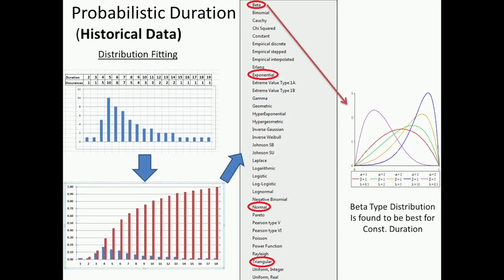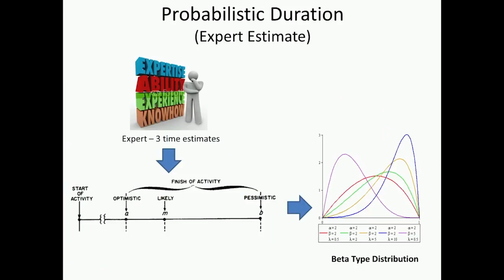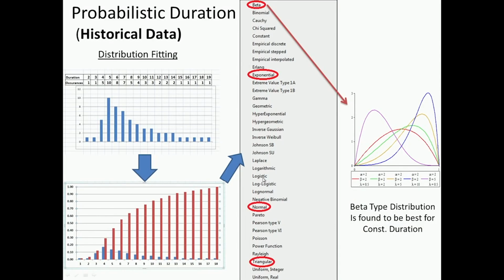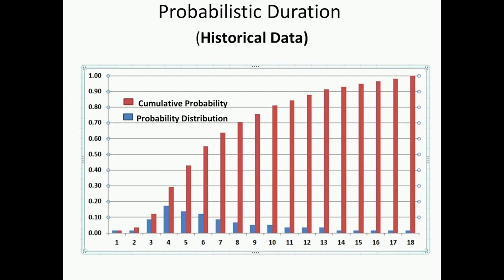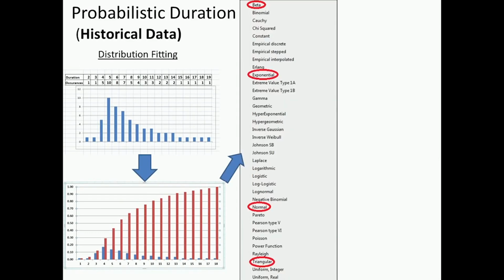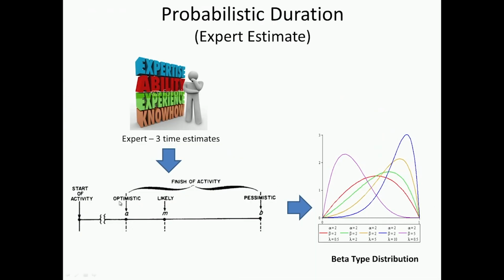Now this would be nice to be able to do, but certainly there is an overhead when we try to do it from a data perspective. So the other option is to go with an expert estimate. So in this particular case, I get an expert, and I cannot get this level of data from an expert, but I will be able to at least get 3 times, saying what is an optimistic time, what's a likely time, what's a pessimistic time, and based on this, again there are several distributions.